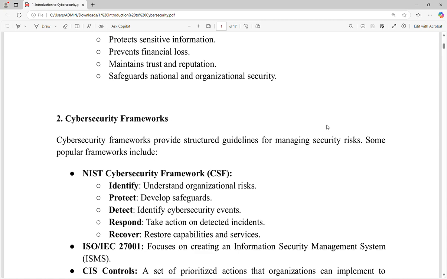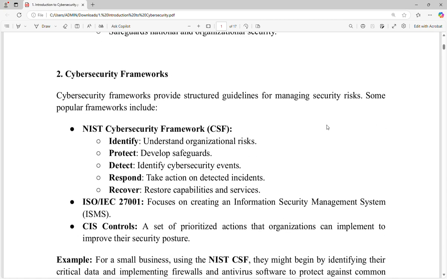Now let's move to ISO/IEC. This is another framework. We also have ISO/IEC 27001, which focuses on creating an information security management system: how to manage information systems, data, and assets.